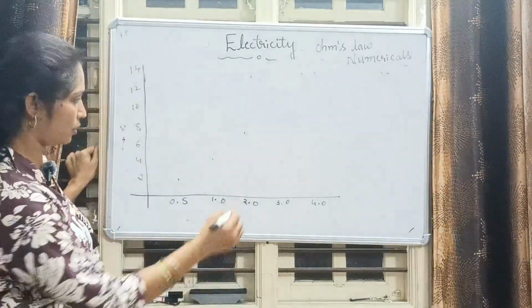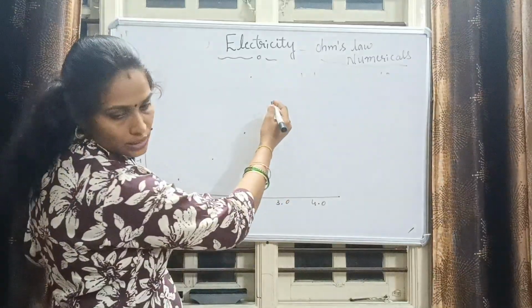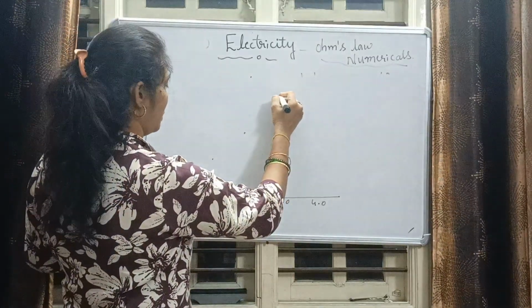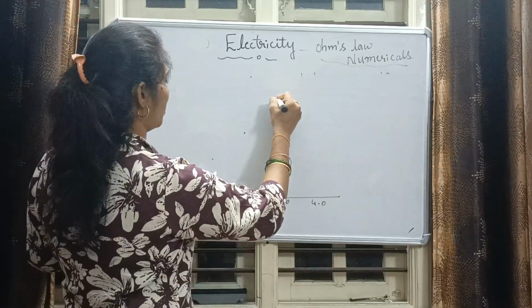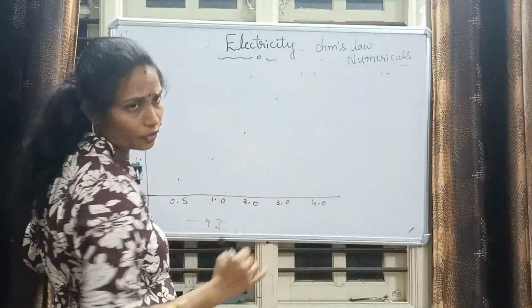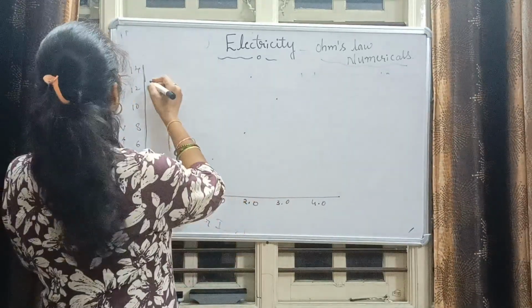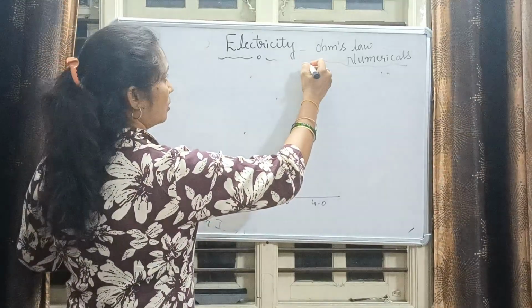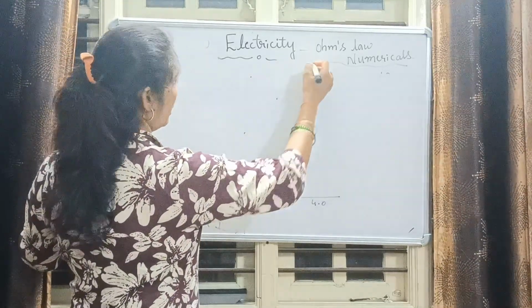Okay. For 3 ampere, it is around how much, guys? It is 10.2. Okay. For 4 ampere, it is around 13.2. Okay, I'll take it here.